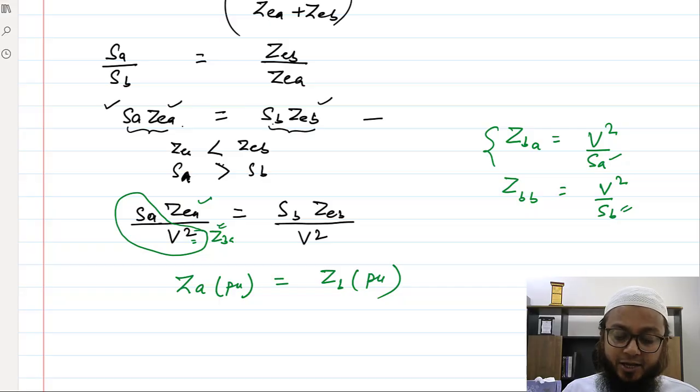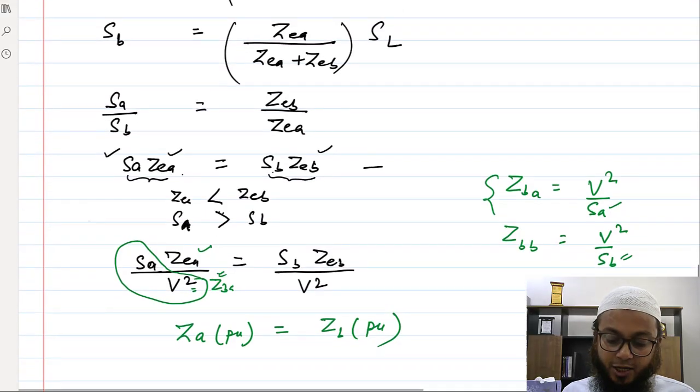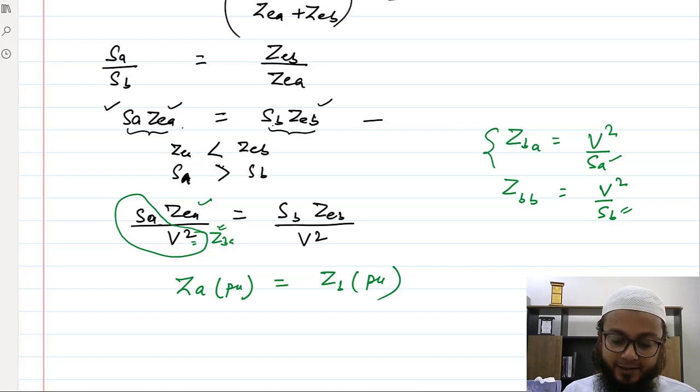That means if we want the transformers to share the load as per their rating, then they should have equal per unit impedance, or the ratio of their apparent power rating should be inverse of the ratio of their leakage impedance.